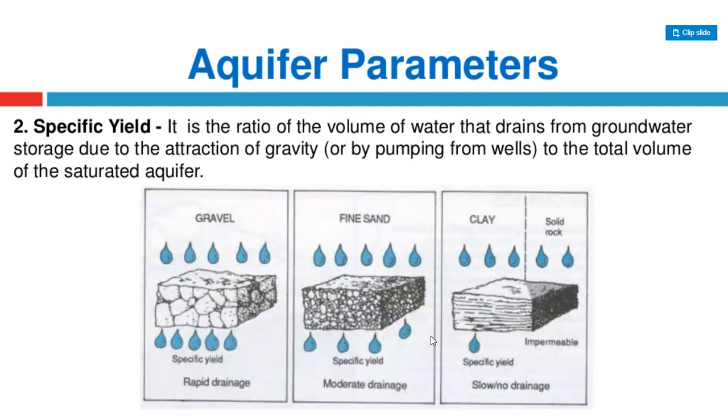Here, guys, rapid drainage is gravel and fine sand, moderate drainage is clay or solid rock, impermeable, here slow or no drainage. So here, guys, specific yield is very high in gravel, medium in the fine sand, and lower in clay.